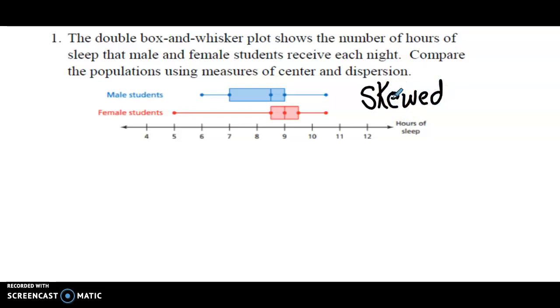Okay, so now we have to get the numbers that we need. So we have to find for male and for female. And in skewed data, the measure of center that we need to find is the median.